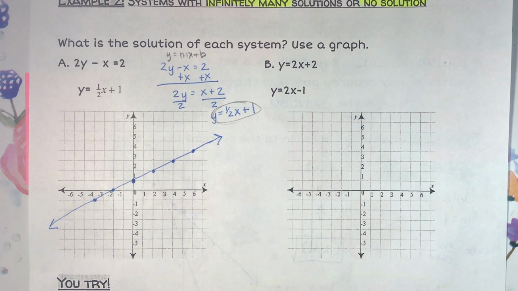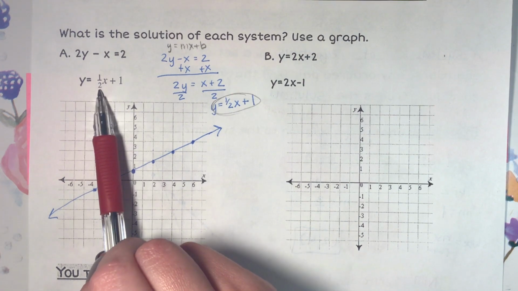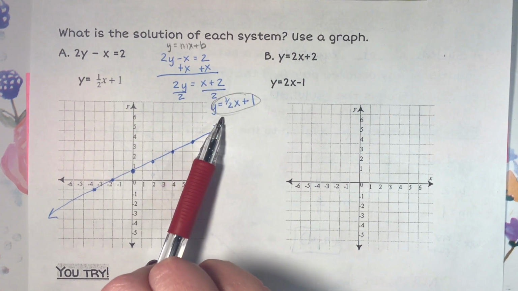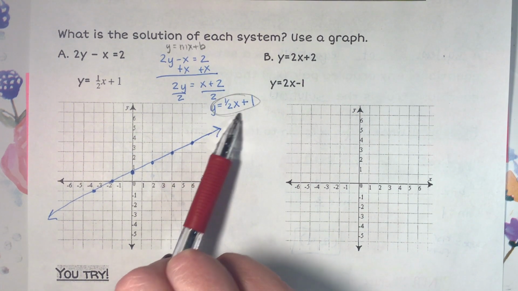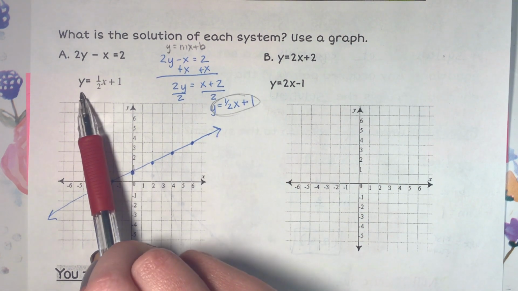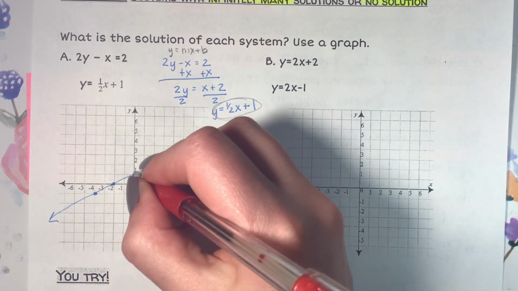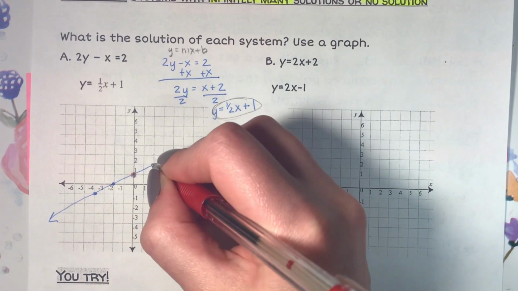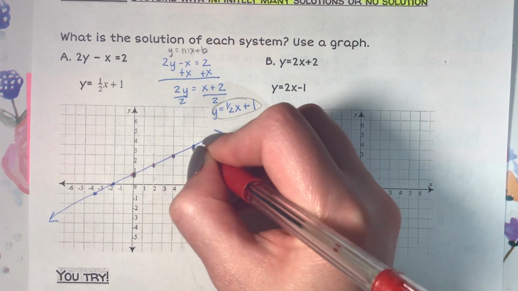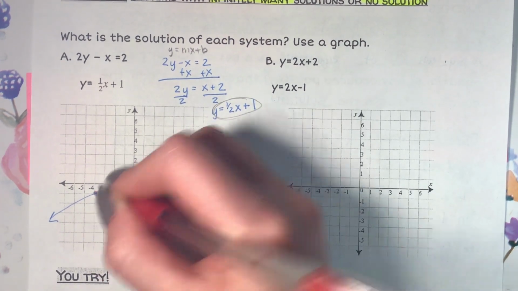Looking at my second equation though, notice how my second equation is exactly like this one. This one says y equals 1/2 x plus 1, and this one says y equals 1/2 x plus 1. So I'm going to graph it in the same exact spot. I start with the 1, and then I have a slope of 1/2, or up 1 over 2.